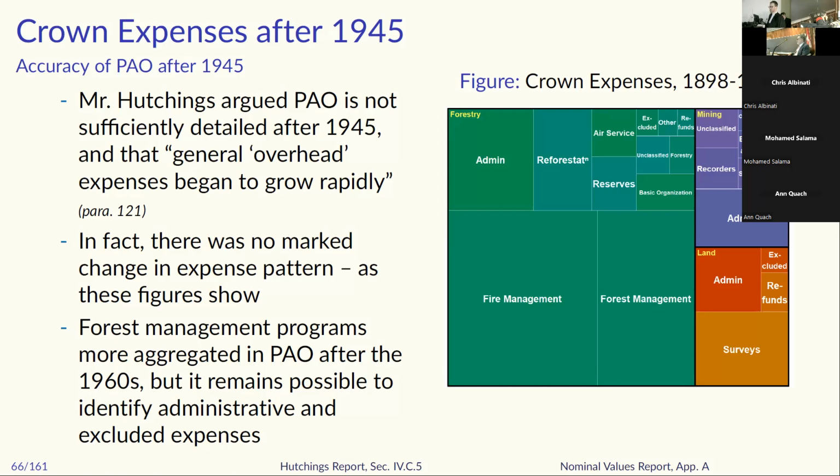After 1943, I introduced this new category, basic organization, because the accounts change and because Mr. Hutchings raised this issue about basic organization. But as I said, I believe all of that is these generic forest management functions of the old forestry branch. It's still there, but accounted for differently, plus the lands branch in the district offices.